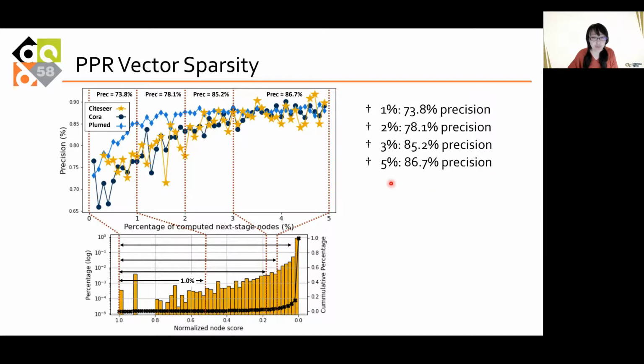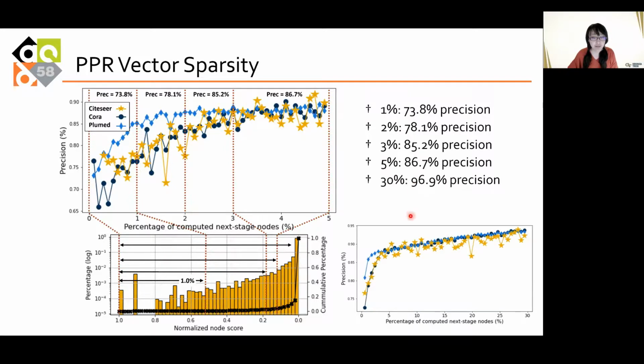After computing 5% of the next stage nodes, we already reach a precision of more than 85%. And finally, if we compute 30% of the total nodes, the precision is already higher than 95%. So this indeed shows that using the sparsity, we can skip a lot of redundant nodes. So this is the overview of MeLoPPR, how we achieve memory efficiency and how we achieve low latency.